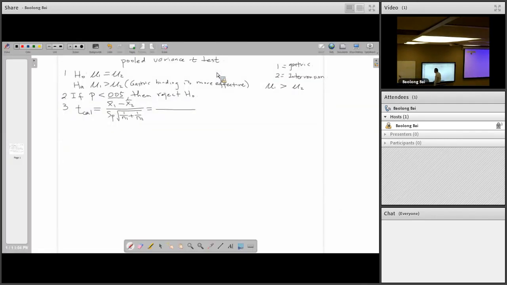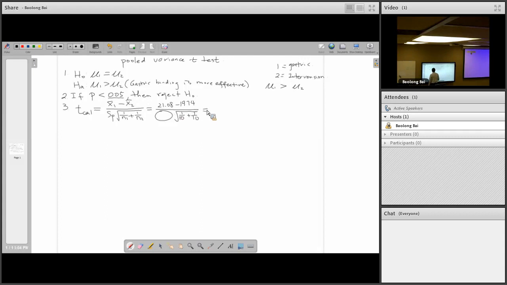Then we put in numbers, x1 bar, 21.08, x2 bar, 19.74, and then sp, we haven't calculated yet, n1 is 10, n2 is 10, right?